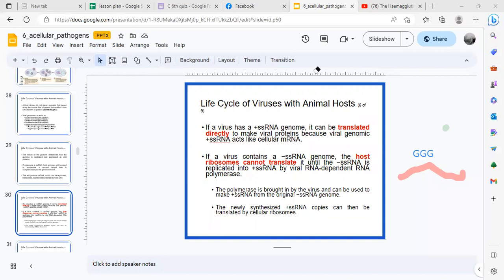So, kailangan niya munang gagawa ng complementary strand. So, yung kaninang positive sense, dun sa kabilang sense, so dun sa kabila, so meron kang, teka lang, hirap mag-drawing.